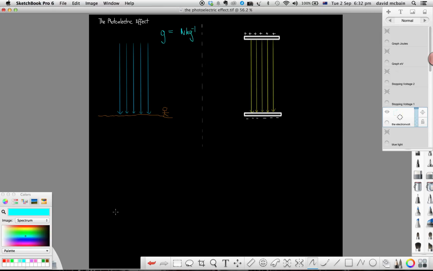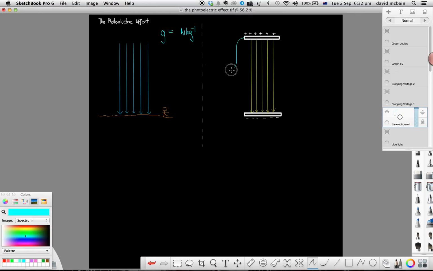Now, over here on the right, we've got an electric field, and the electric field is created whenever we set up a separation of charge. So at the top here we've got positive charges, and down here we've got negative charges, and so that represents a separation of charge. As a result of separating the charge, we have a voltage.